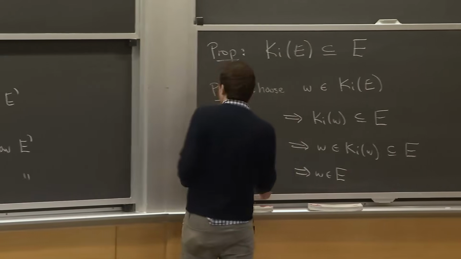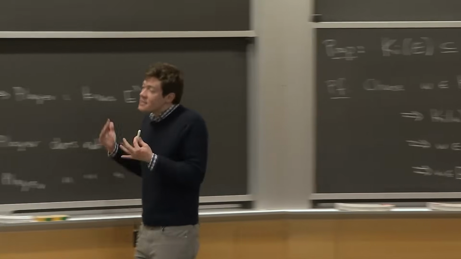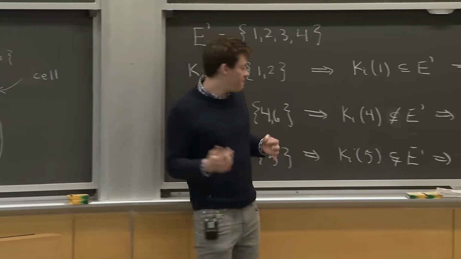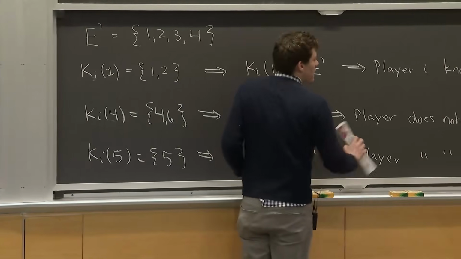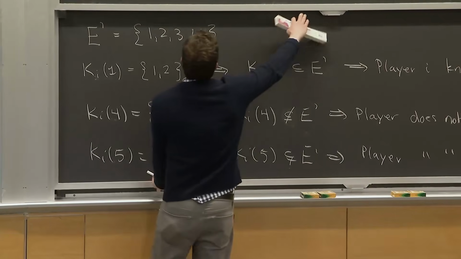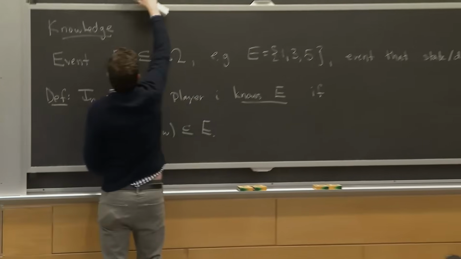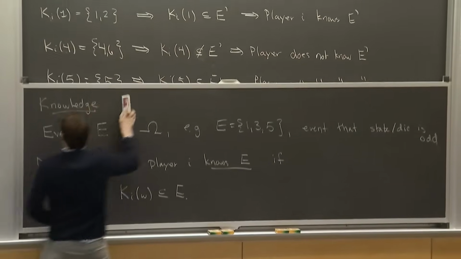OK, so now we've just talked about things that a single player knows. Now we're going to talk about multiple players at the same time. So let's come back over here. Do a really simple example.